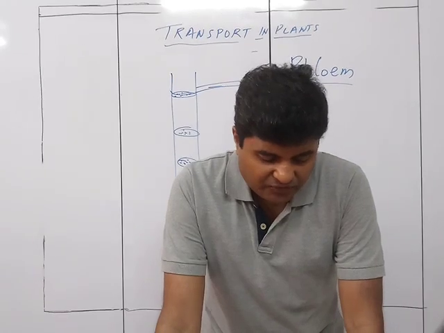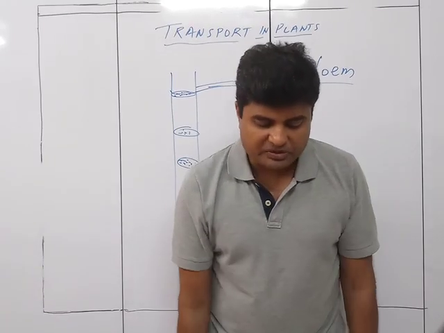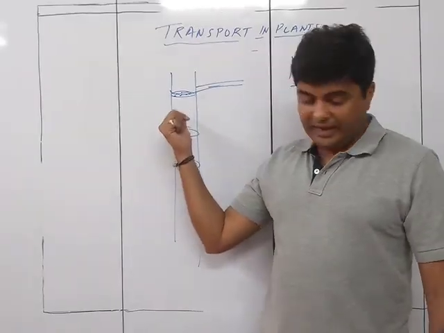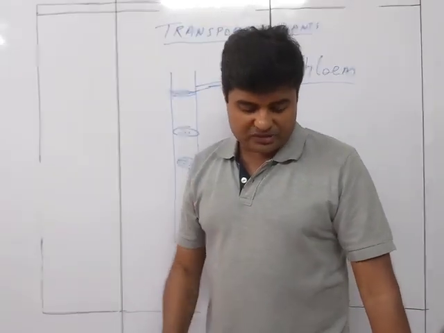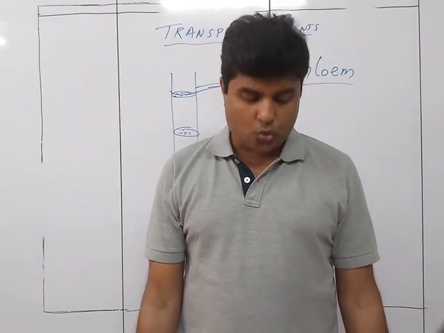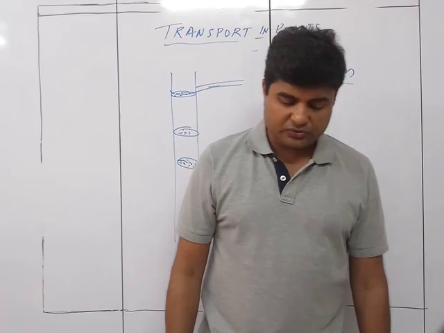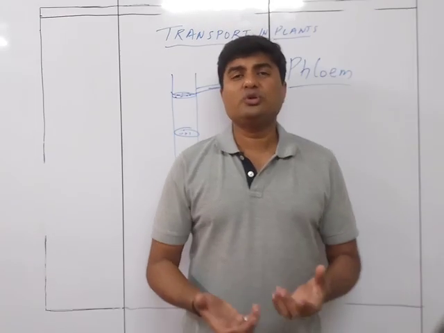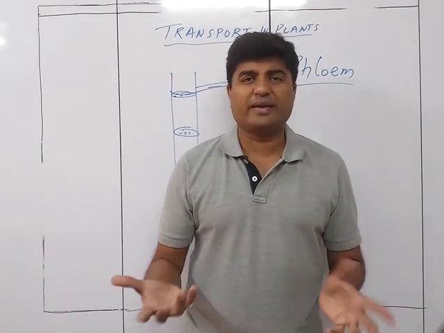So the main functions of the phloem are as follows. Sieve tubes conduct organic food from the leaves to all other regions of the plant, up to the root and to the storage organs. All the fruits and everything we have are the storage organs of the plant.